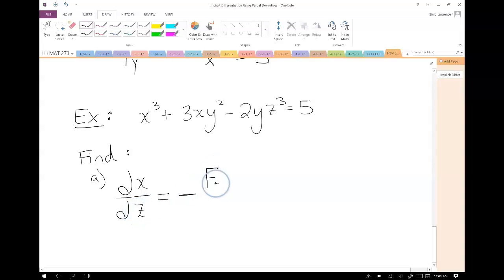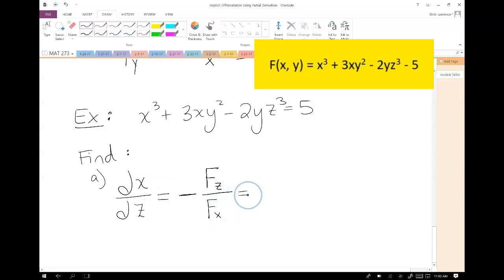So I don't want z in the bottom, I want z in the top. And I don't want x in the top, I want x in the bottom. So I don't have to think of this as an implicit Calculus 1 derivative. I can do this with my regular old partial derivatives that we just learned if I negate it and flip it. So in the numerator, I want to put the partial derivative with respect to z.